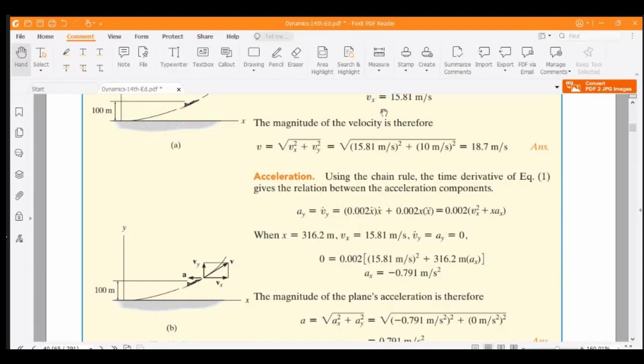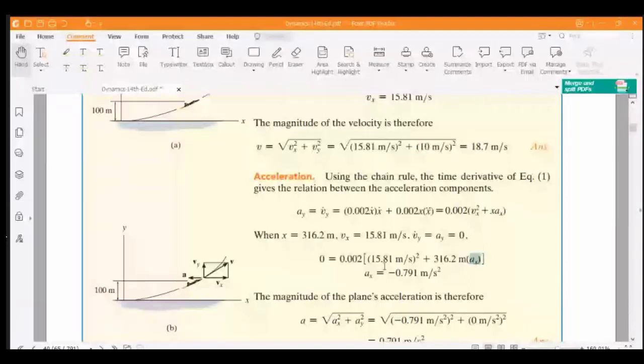Vx, this one is x dot, and then plus vx squared plus x into ax. So vx squared means 15.81 squared plus 316.2 equals x, and ax we need to find out, because without ay and ax we can't proceed. ay is 0 and ax we need to find out.